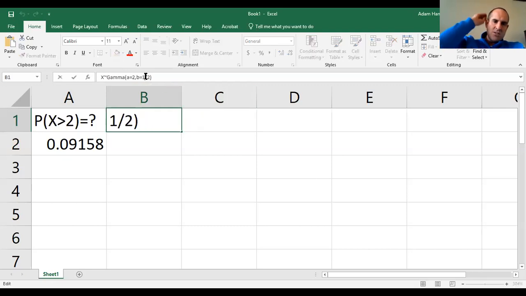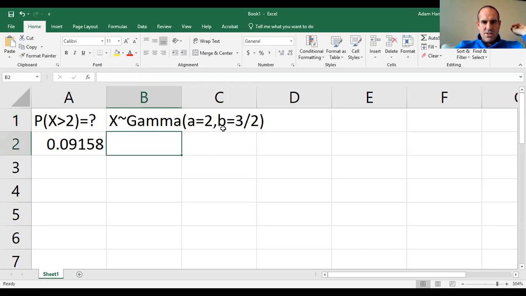I want to take the total length of time, and I think what I want to do is say this. Because alpha times beta, yes, that is exactly what I want to have in this case.